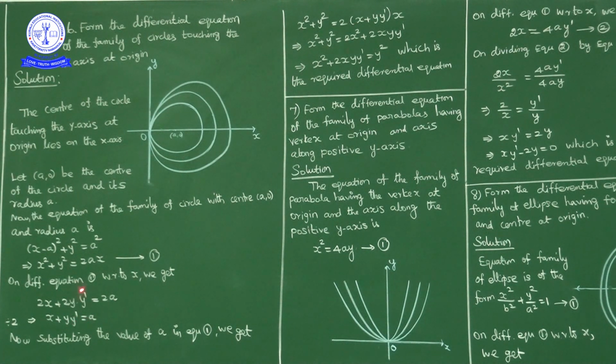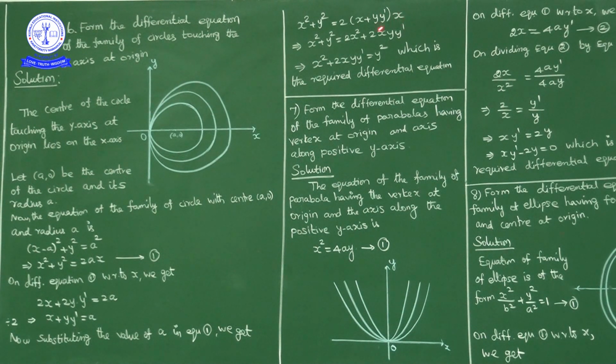Now by substituting this a value in equation 1, we get x square plus y square is equal to 2 into, what is a, (x plus y dash) into x.